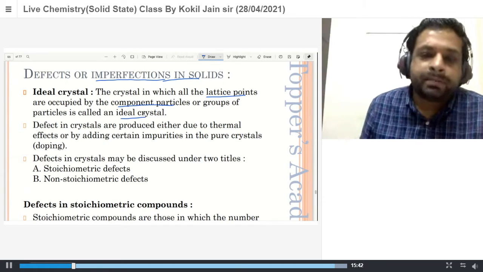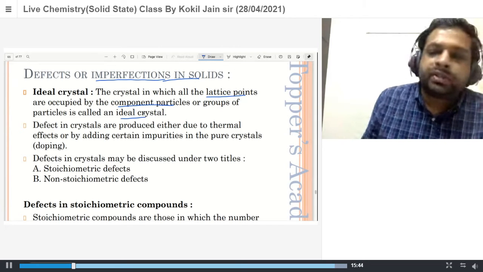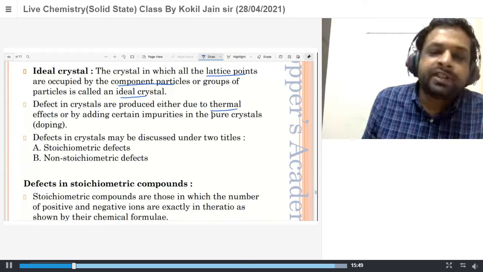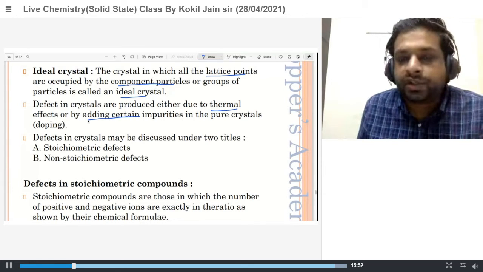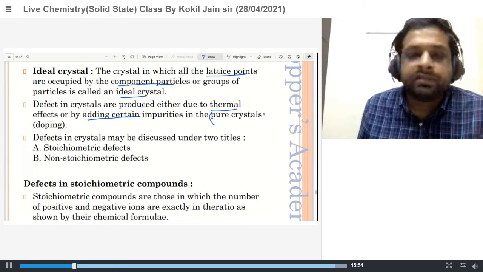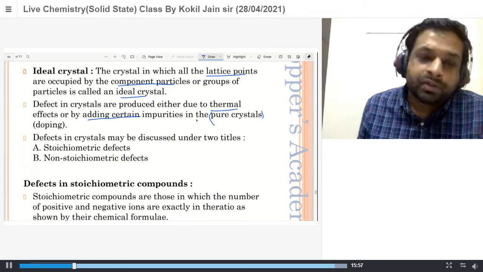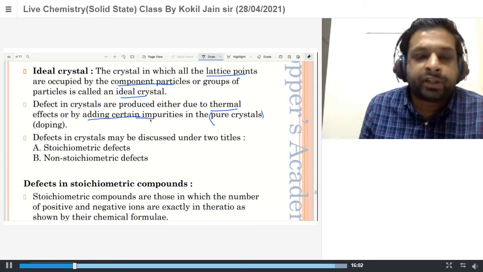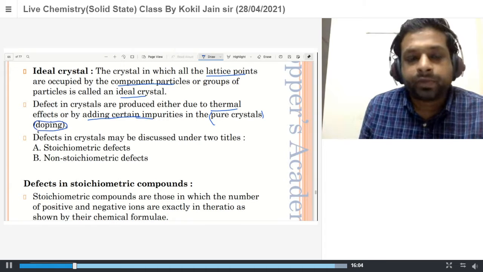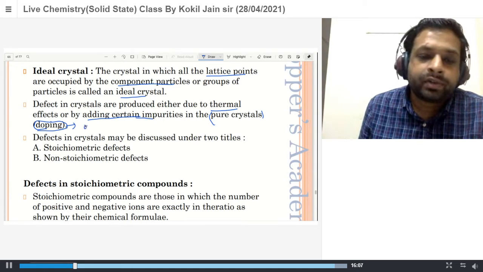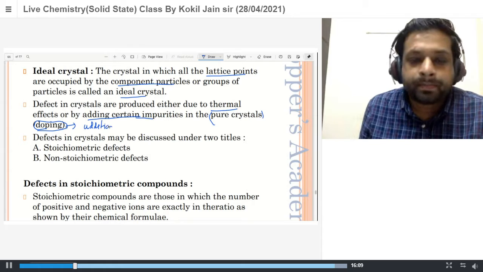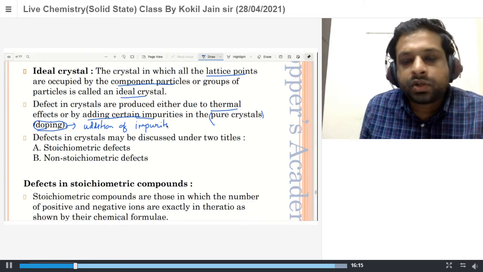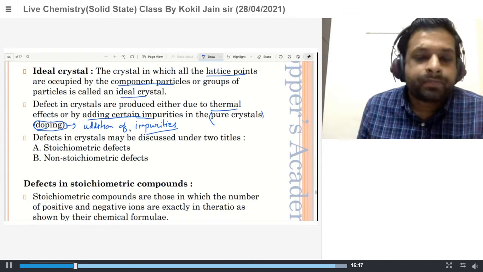But due to thermal effects like high temperature, or if we add certain impurities, these pure crystals can be turned into defective ones. The addition of impurities is called doping.